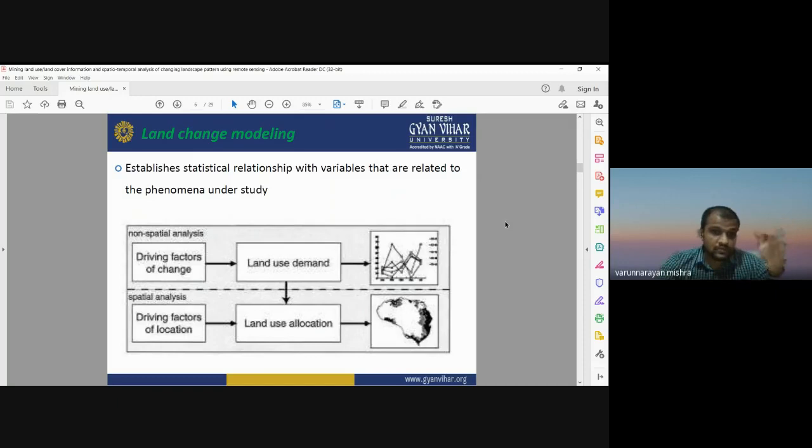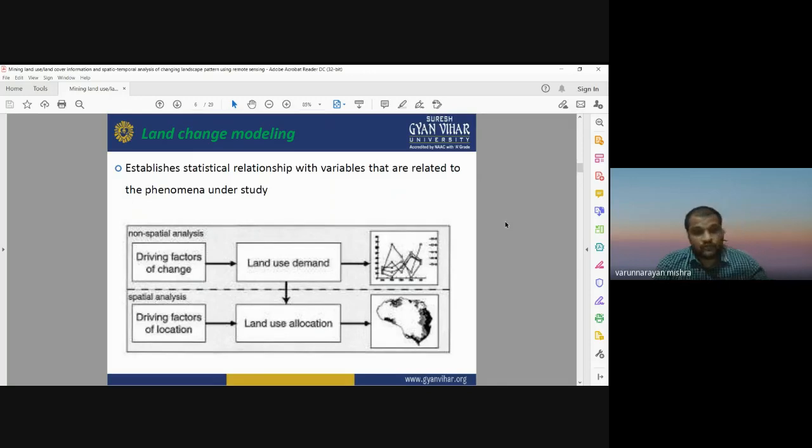So it includes non-spatial and spatial analysis. The amount of change, how much change is there, can be determined by non-spatial analysis. Whereas the location of the change, where the changes are occurring, what is the location of the landscape change, can be determined using spatial analysis.